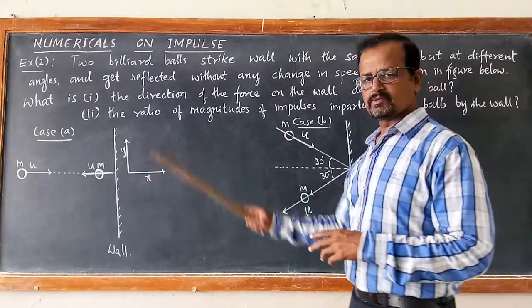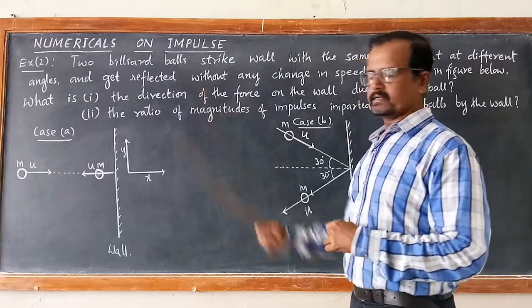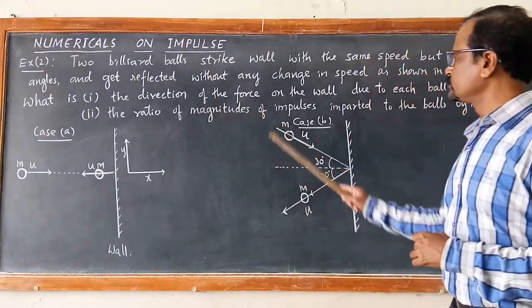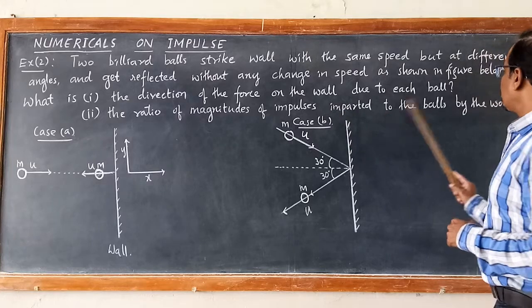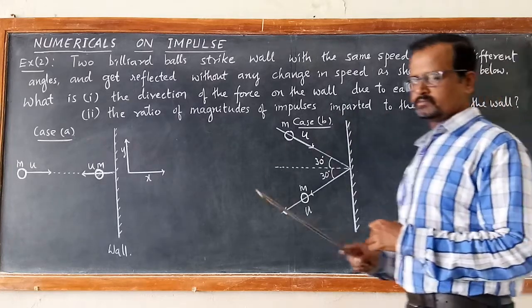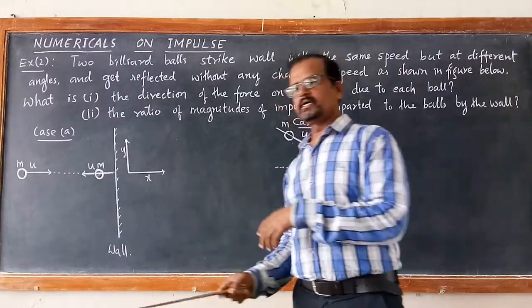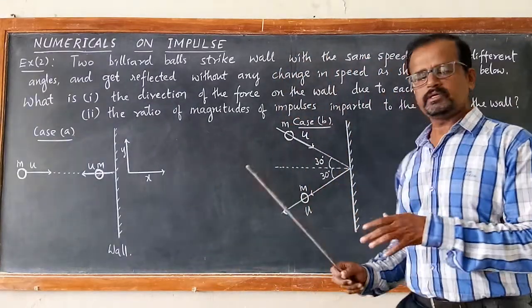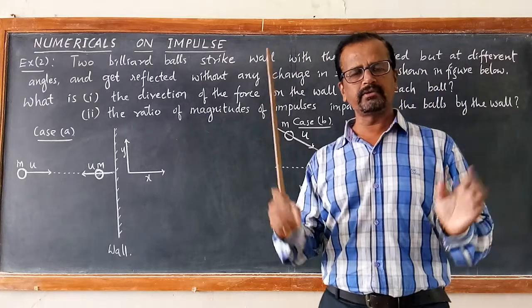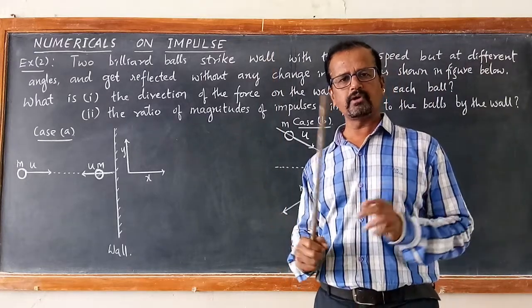Second, find the ratio of magnitudes of impulses imparted to the balls by the wall. Calculate the impulse on the ball in the first case, calculate the impulse on the ball in the second case, then find out the ratio. I think you got the point.